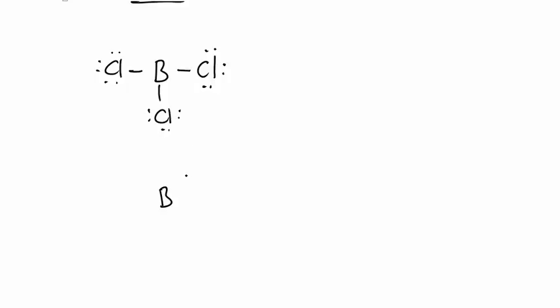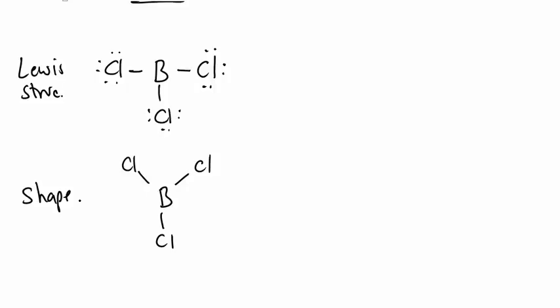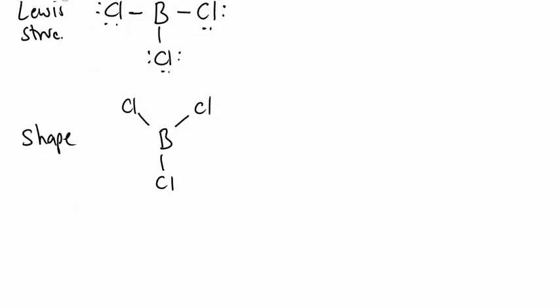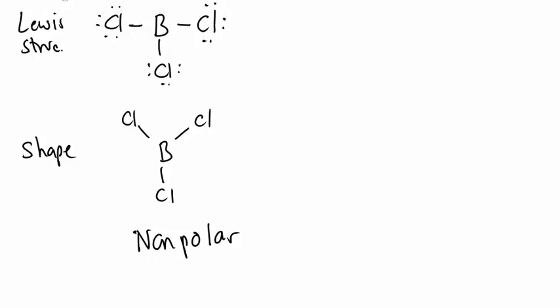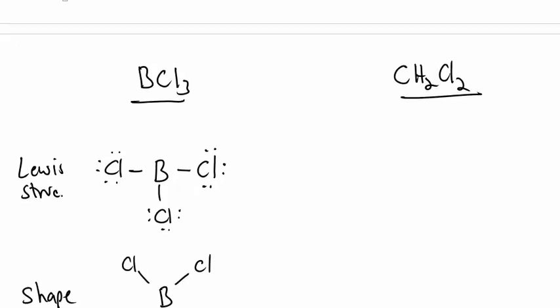So its shape will look like this. Okay, so this is the Lewis structure. And this is the shape. And then you look at the bonds, and those 3 chlorines pull in such a way on this boron that they will cancel each other. So this is nonpolar, because they're identical bonds in 3 directions.